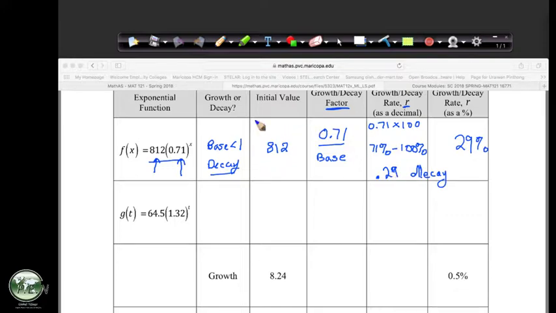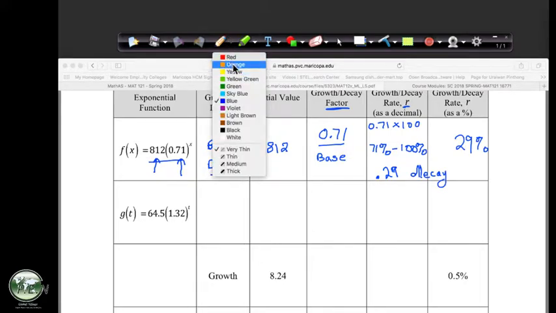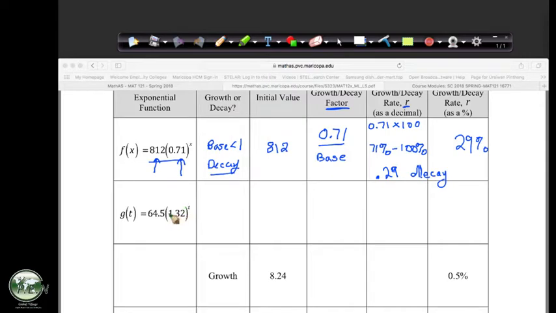Okay. So let's do another example, and then maybe we'll jump into this other one that gives us some other values. Let's go with green. So growth or decay here? Growth. Very good, because the base is greater than 1.